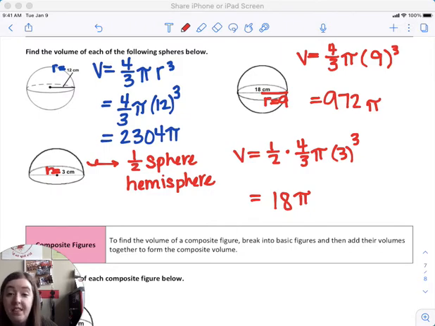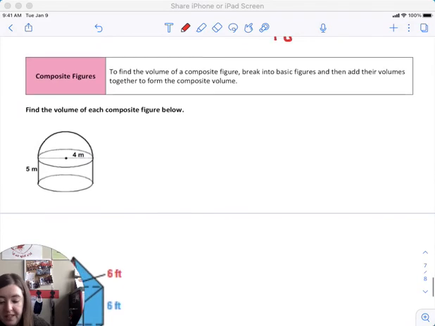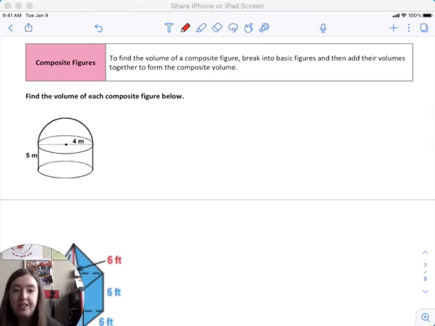Now we're going to find the volume of the composite figures. Now, composite figures are figures that are broken up into basic figures that we can find the volumes of and then add them all together. So we have two different things going on here. On the top, we have a half sphere.